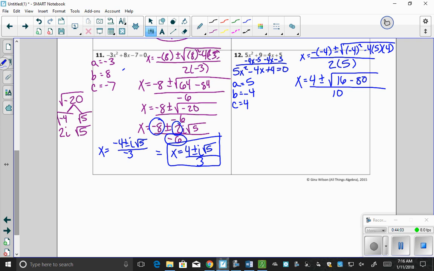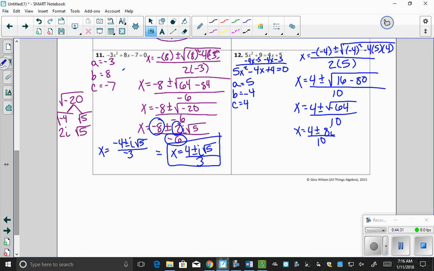Well, when you do 16 minus 80, you should have gotten negative 64 over 10. And the square root of negative 64, 64 being a perfect square, is going to give you 8. But because it's negative, you have to include i, over 10.